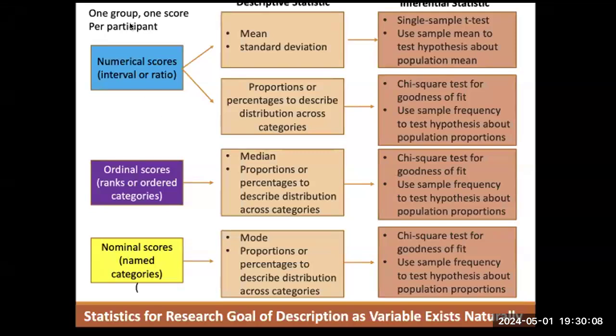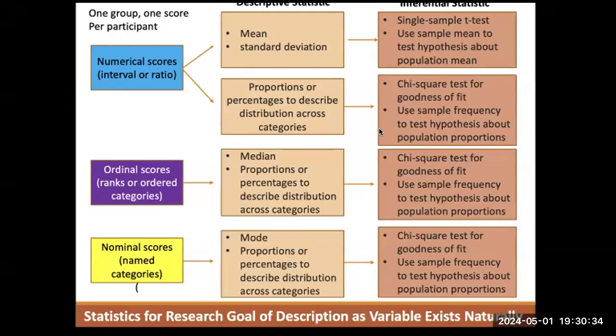If you have one group with only one score per participant, this is what you could do in terms of descriptive statistics. If they're numerical interval ratio, you can look at the mean and standard deviation. You can also look at proportions or percentages to describe across categories. In terms of inferential statistics, you could use a single sample t-test, or you could use a chi-square test for goodness of fit.